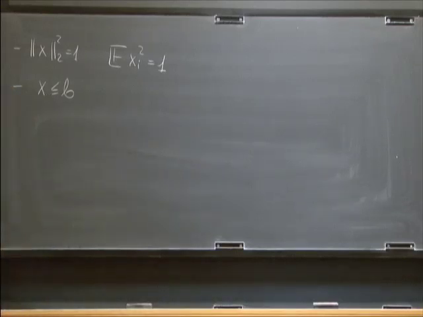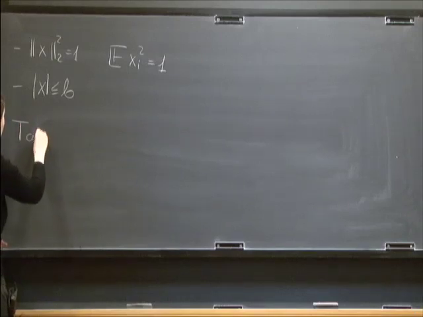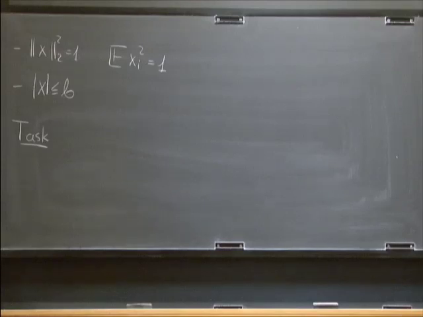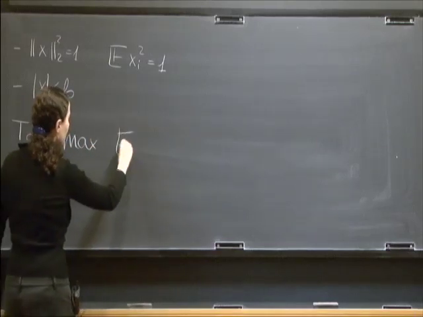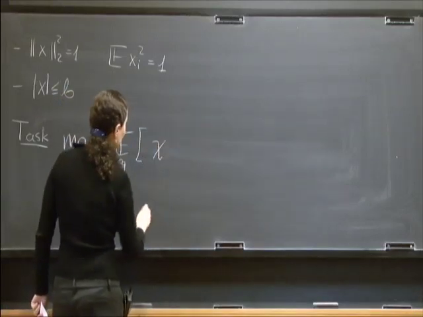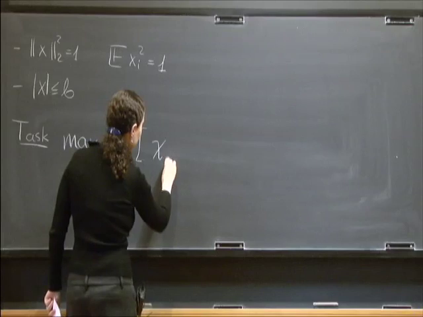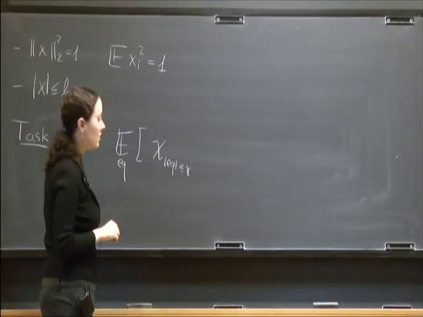And the task is to have as much norm as possible on equations that are approximately satisfied. So we would like to maximize, over the equations, an indicator of whether the equation is satisfied with margin gamma.